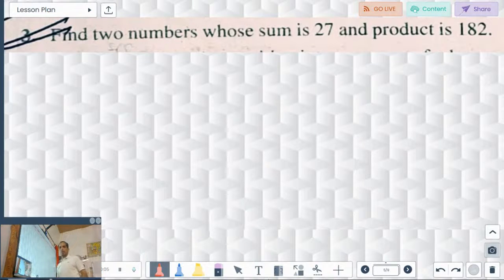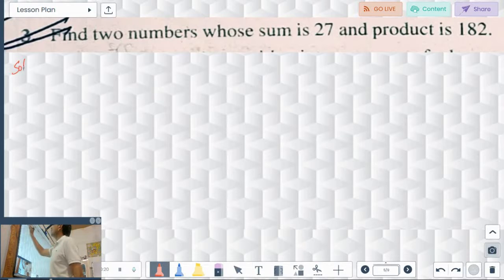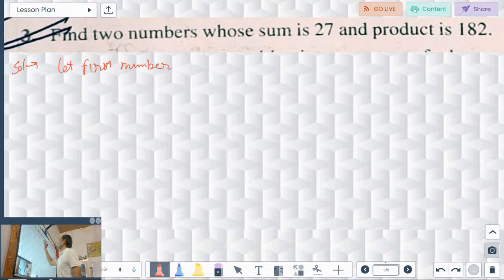Now let's calculate question third. Find the two numbers whose sum is 27 and product is 182. Solution. Let the first number be x and the second number be 27 minus x, because the sum of the first number and second number is 27.